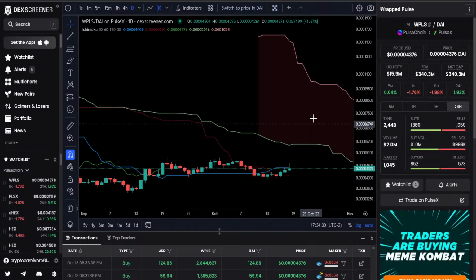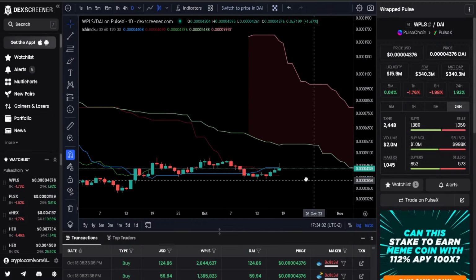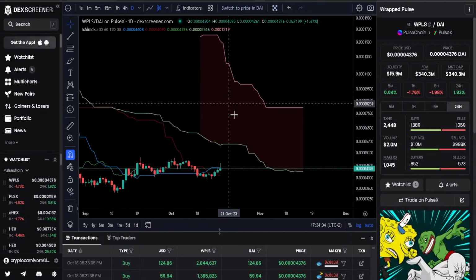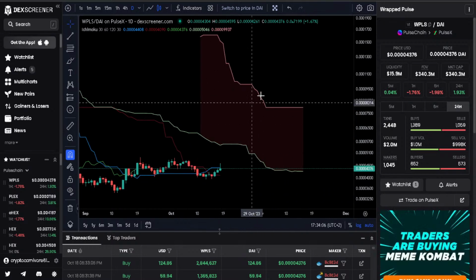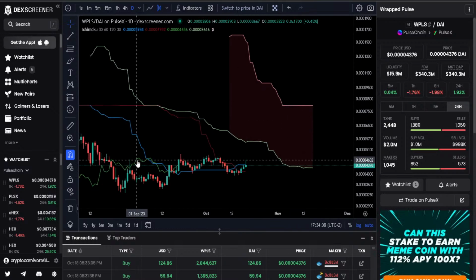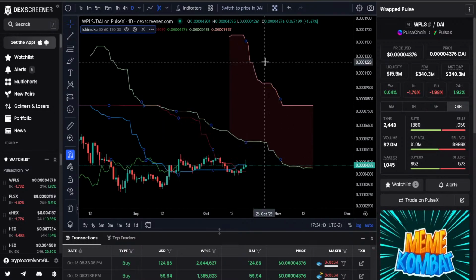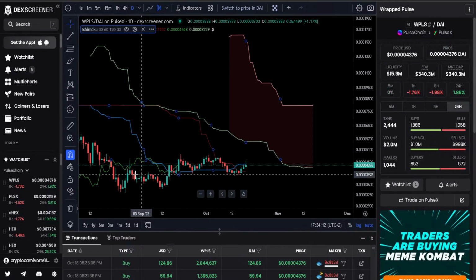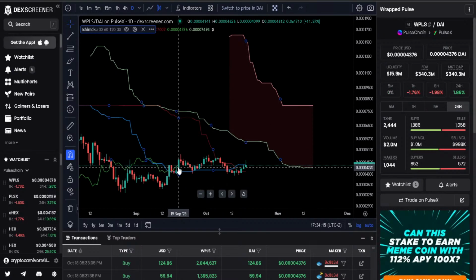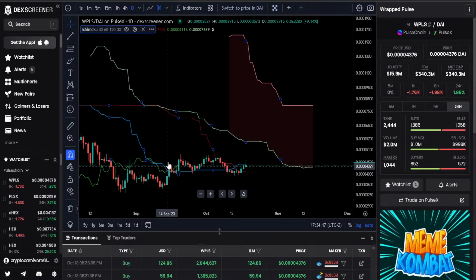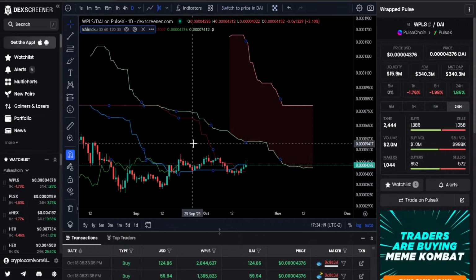Now the cloud, I'm not quite familiar with it, but the cloud tries to predict where the price will be going in the future. Then you have the green line over here called the lagging span. It is just 30 periods behind the price action. When this is above the price, that is a bullish sign.